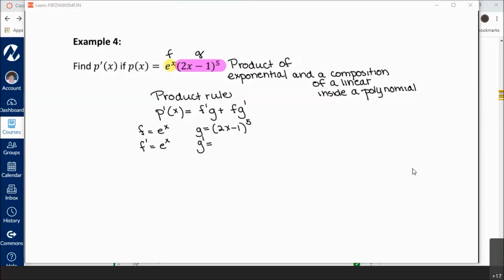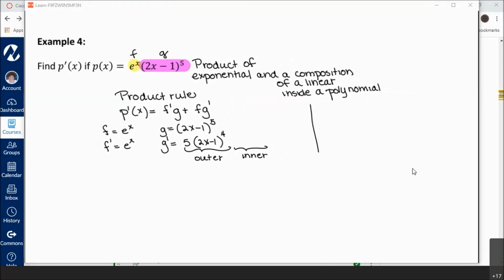Okay, my polynomial is my outer function. So I need to differentiate that first. Bring down the 5. Drop the exponent by 1. And don't mess with what's inside. Okay, then I have the inner, which is 2x minus 1.